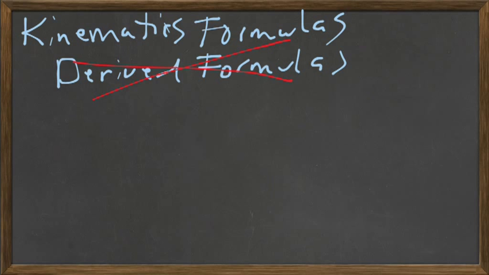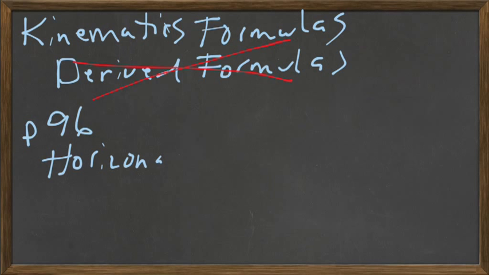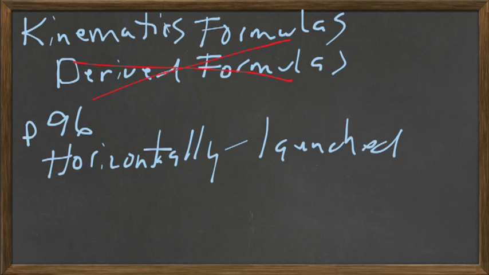When we're working with projectile motion, around page 96, make sure you can work with horizontally launched projectiles. That's anything where all the velocity starts off in the x direction. That's going to be a car going off a cliff, a ball rolling off a table.